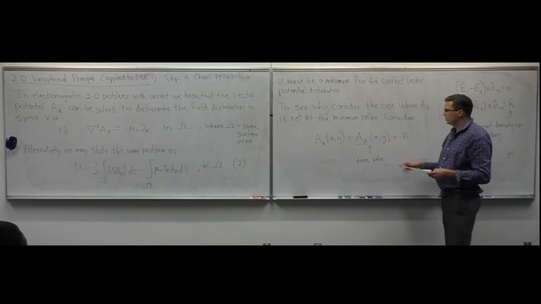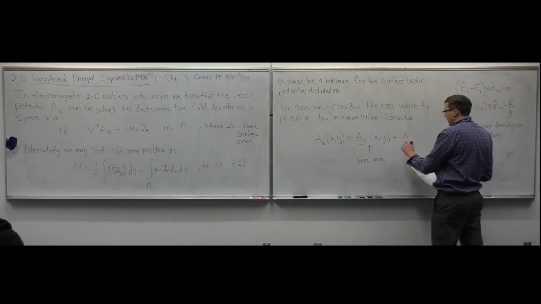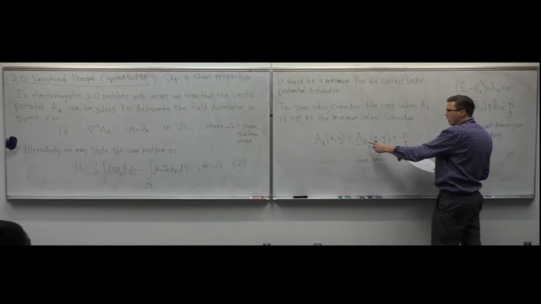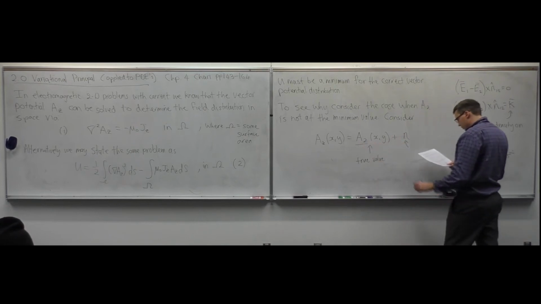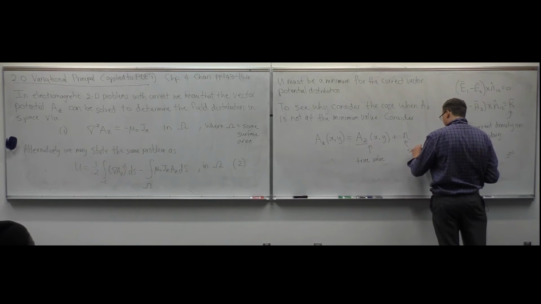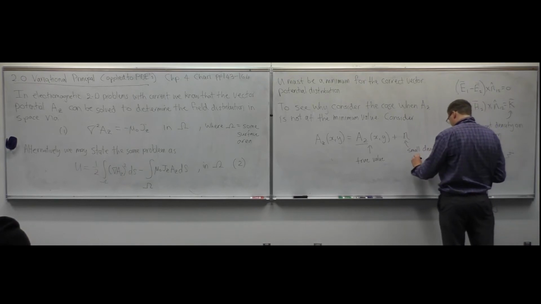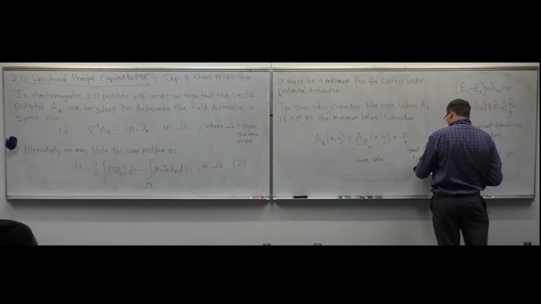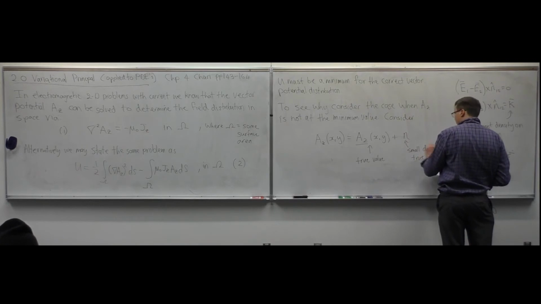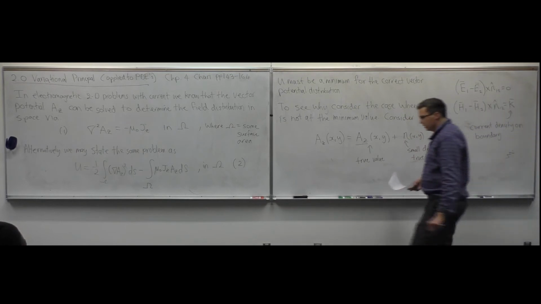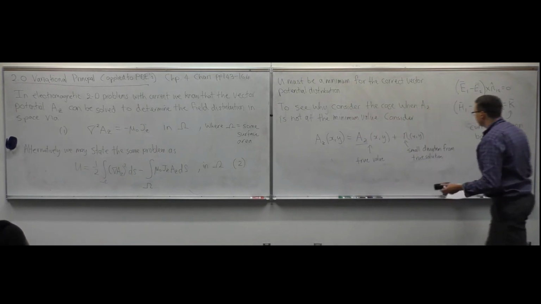So we add a little tiny deviation on the AZ. This is a small deviation from a true solution. There could be a deviation at each point in general.